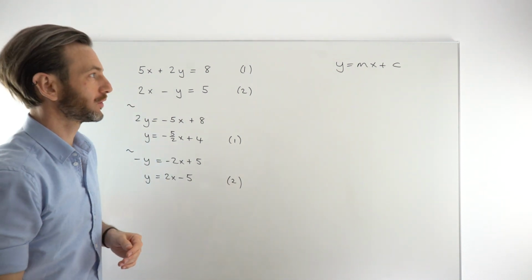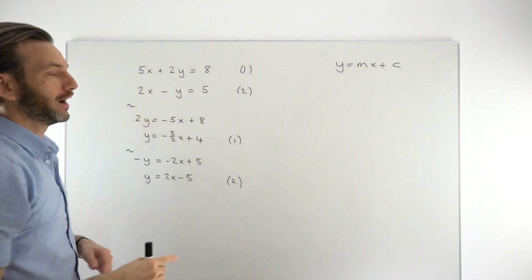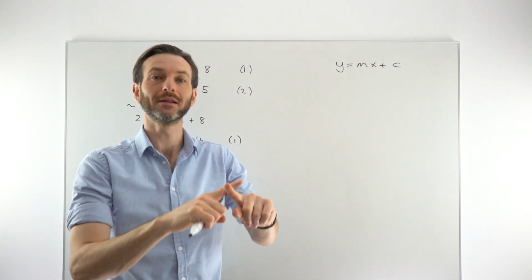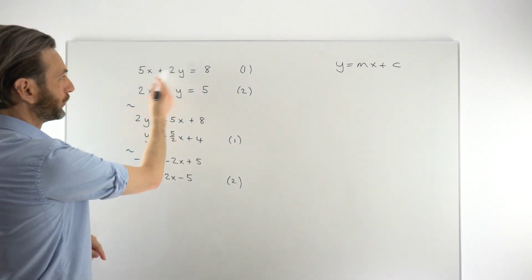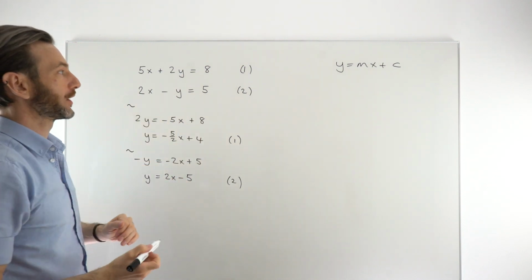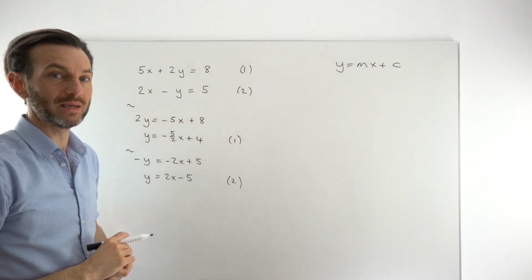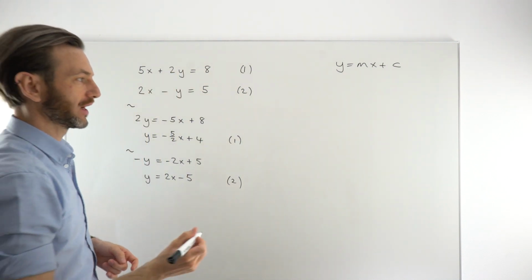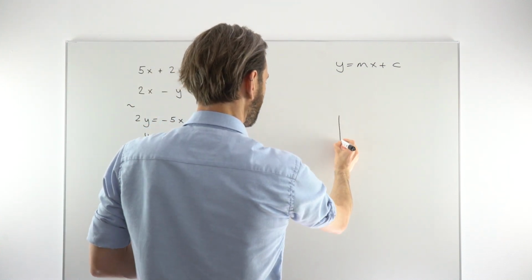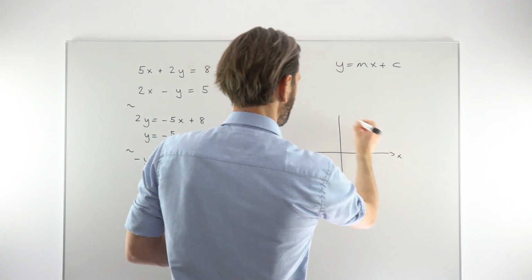In other words, the only point that satisfies both equations, the only point that lies on both lines, is the point where they intersect. So when you're actually solving these systems and you get an x value and a y value, what you're actually finding is where these two lines cross over, the point of intersection. So if I just quickly sketch these up, we'll see if we can get a rough estimate for what that solution might be.